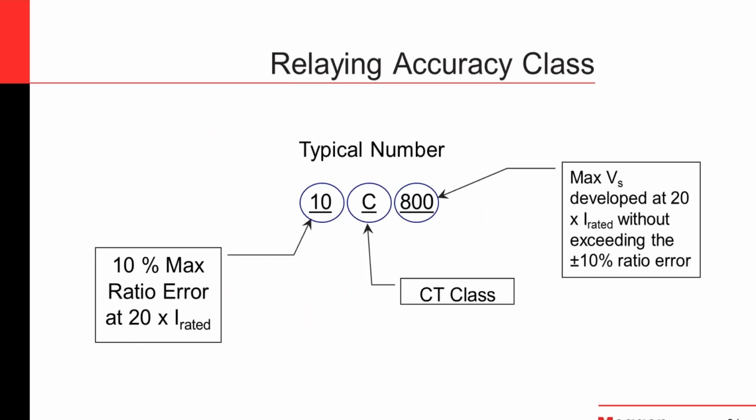I'm sorry if I was going through the slide a little too fast. The first number here, 10, mentions the maximum ratio error at 20 times rated current, as mentioned by the manufacturer. Some CTs could be really accurate even at 20 times the rated current. So that first number typically means the maximum ratio error at 20 times rated current.